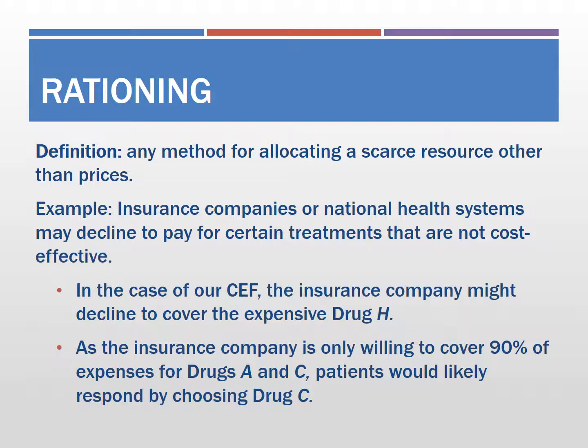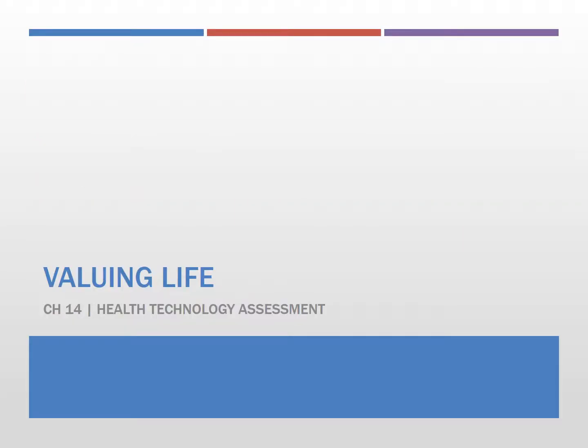For those drugs that are too expensive, the insurance company denies coverage, and it becomes an efficient choice for both the patients and the insurance company, because there will not be overuse of these new or more expensive technologies, but the patient is still getting the benefits. They have to pay less for making the same choice. So rationing is one of the strategies that applies to both public and private insurance markets.